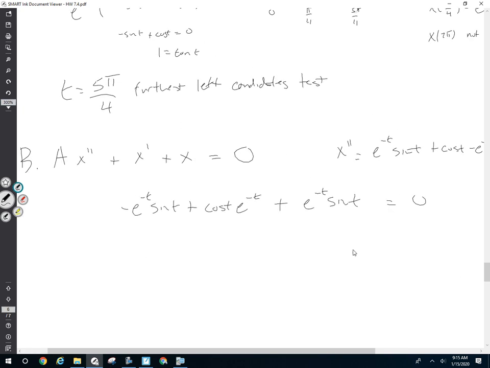So first of all, immediately with what I see here, I could cancel this, and it's gone. So some a times this, e to the negative t sine t plus cos t times e to the negative t. So I'll put a negative e.